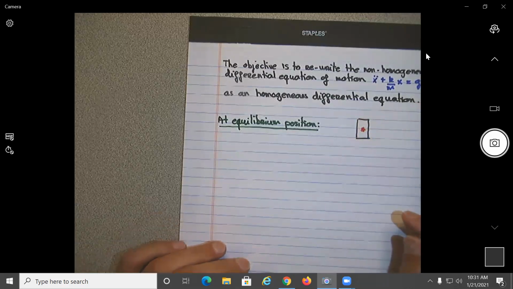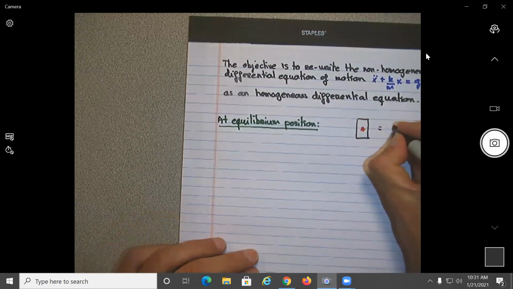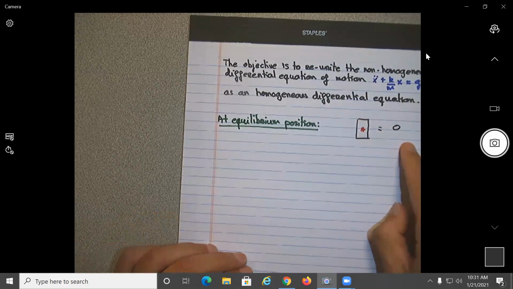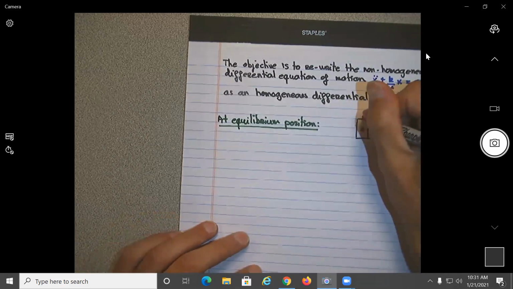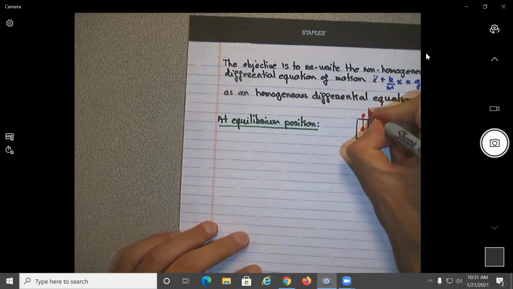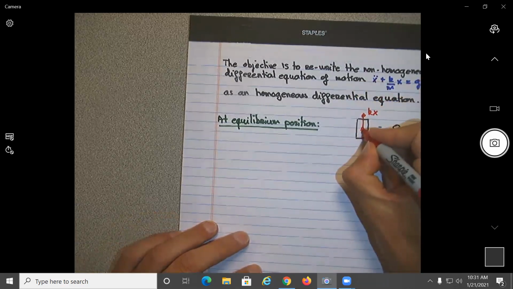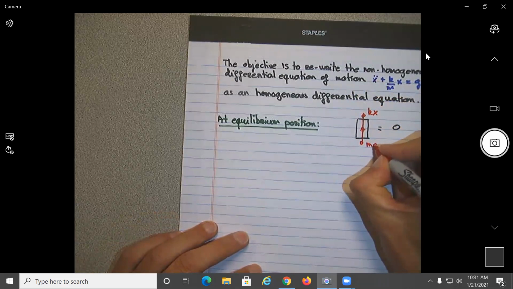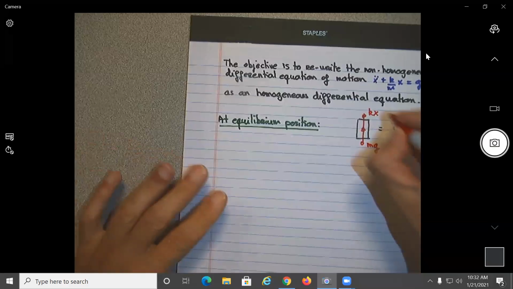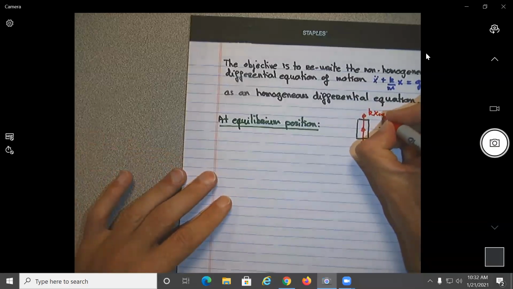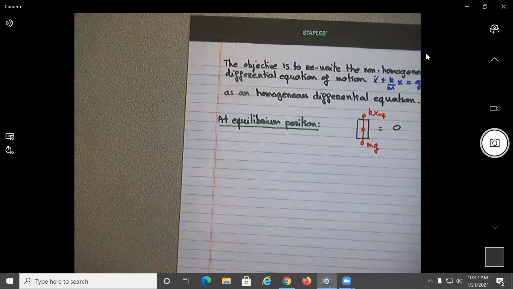Equilibrium means this is not moving, so this part will be 0. It's like solving a static problem. The same as before, we have the force of the spring, and here we have mg, but we call this one x equilibrium. That is the difference.